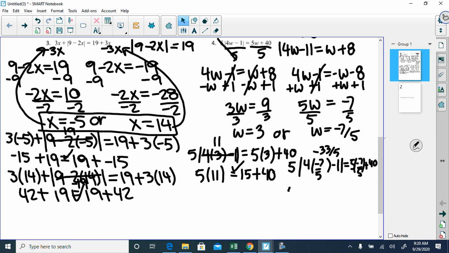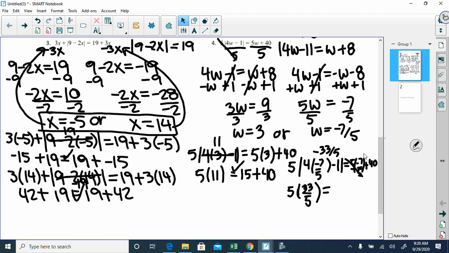So I'll have 5 times 33 over 5 equals, over here, I've got 5 times negative 7/5. Well, 5 times negative 7 would give me negative 35. And negative 35 over 5 would give me negative 7. Or you could just cross out the 5's, right?